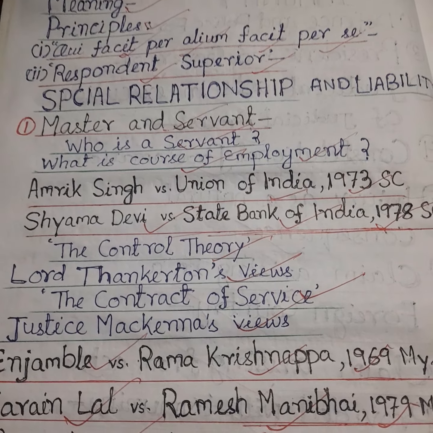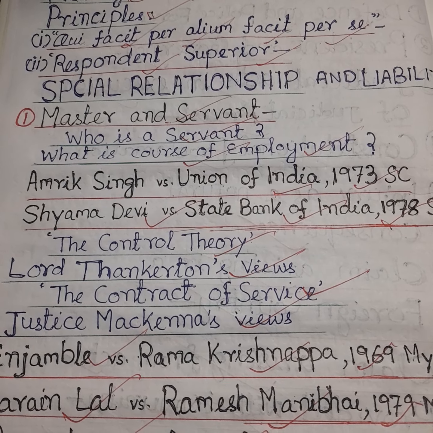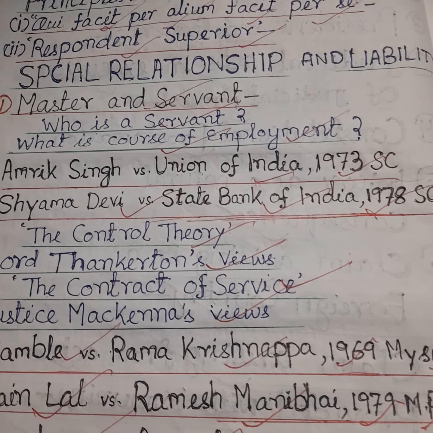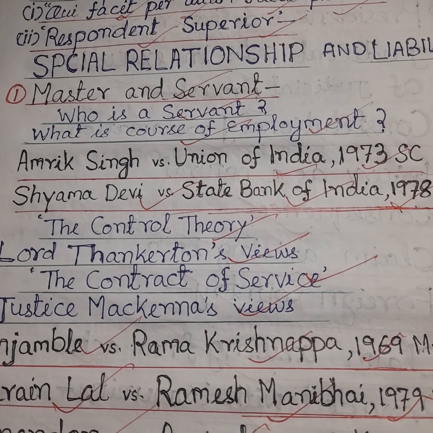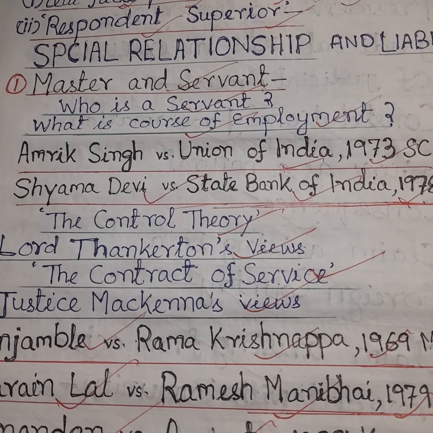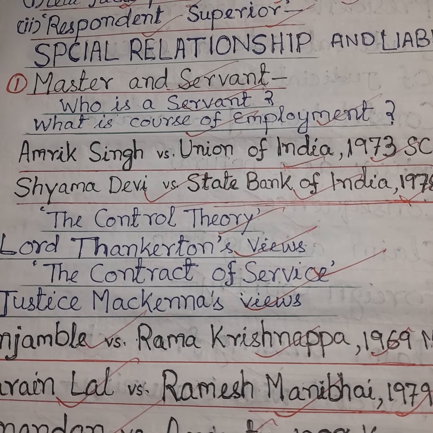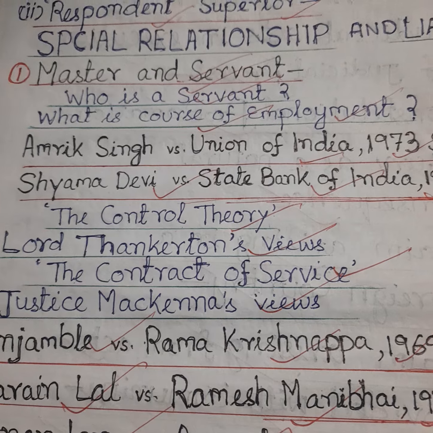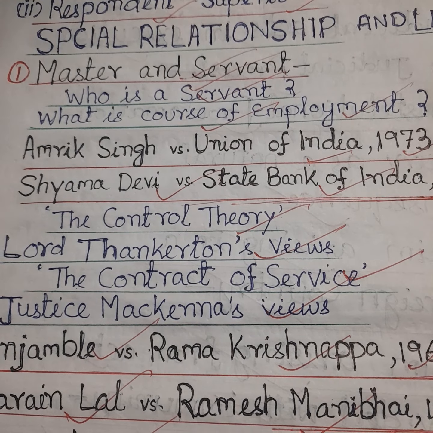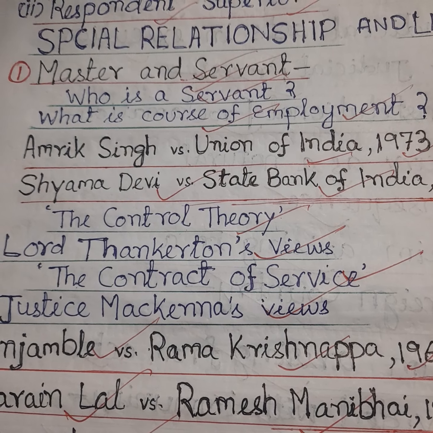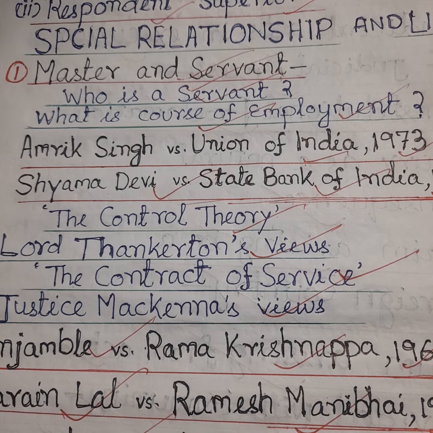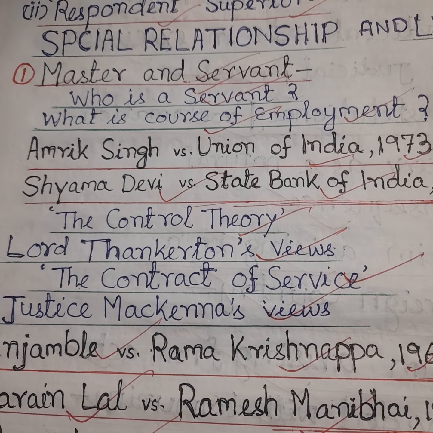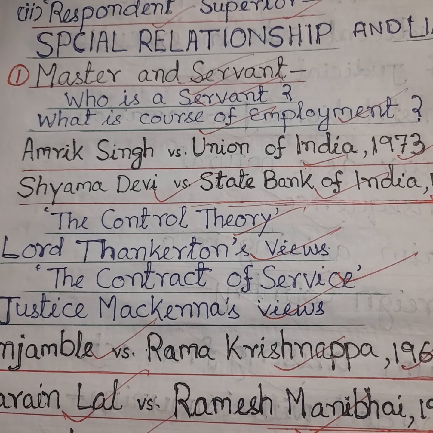Among the special relationships creating liability, we would like to discuss the relationship between master and servant. To hold the master liable for his servant, the following conditions shall be fulfilled.